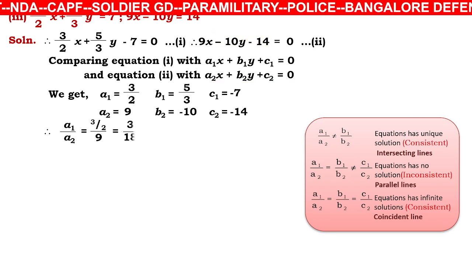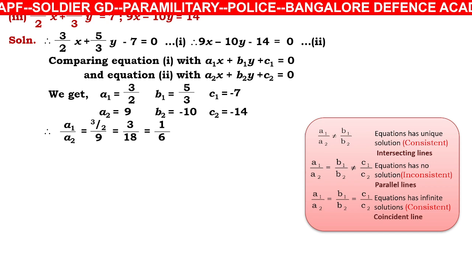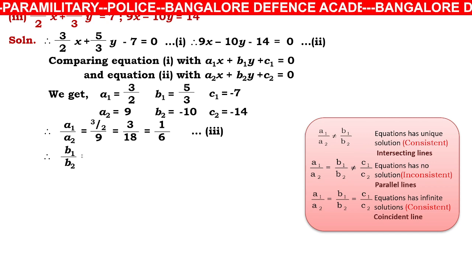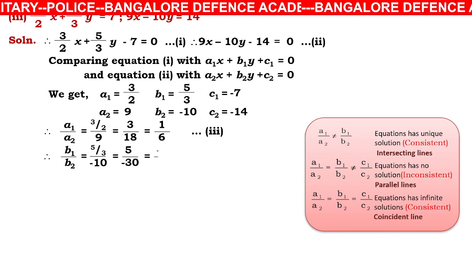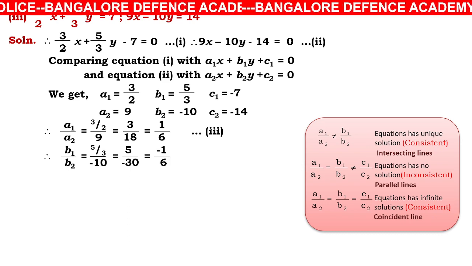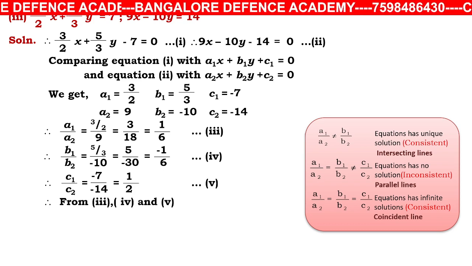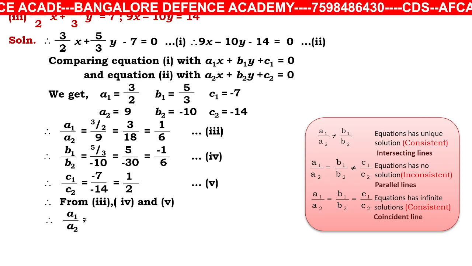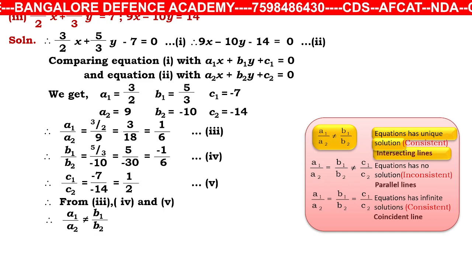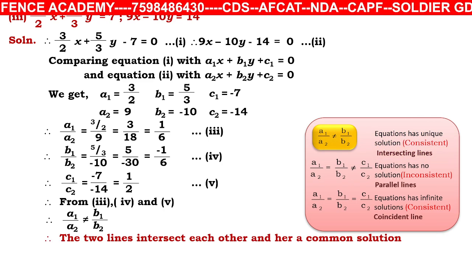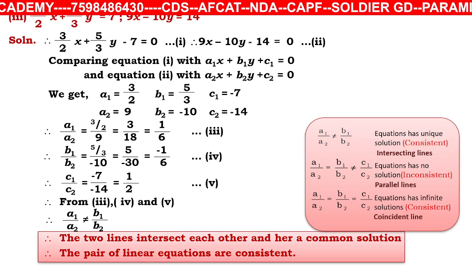So a1 by a2 is 3 by 18, which is 1 by 6, b1 by b2 is 5 by minus 30, that is again minus 1 by 6, and c1 by c2 is once again 1 by 2. So now if you see, all these three ratios are not equal to each other, that means condition number 1 is satisfied. These lines are intersecting lines. Okay, so it is consistent, and it is an intersecting line.